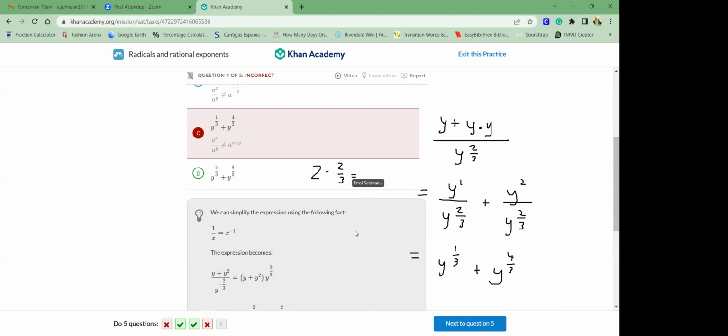This is 6 over 3 minus 2 over 3, which is 4 over 3. That's right. Which one did they say it was? 1 over 3 plus 4 over 3. Isn't that what we got right here? Oh, no, they're saying it's D.